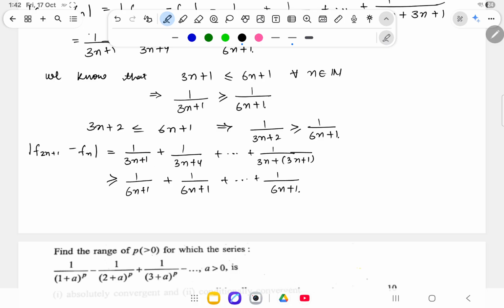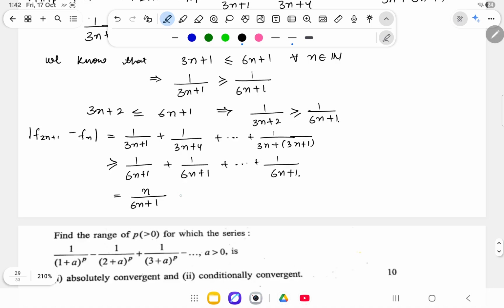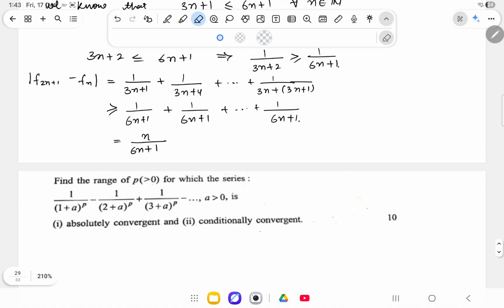because these are n terms, it will be equal to n divided by 6n plus 1. Now we know that 6n plus 1 will be less than or equal to 6n plus n for all n belonging to the natural numbers.